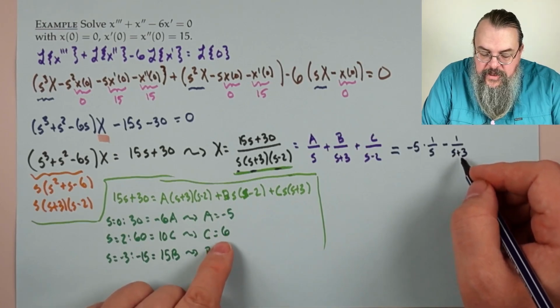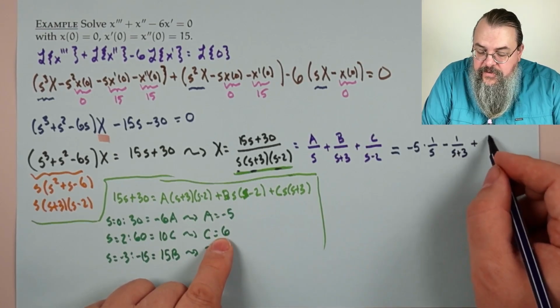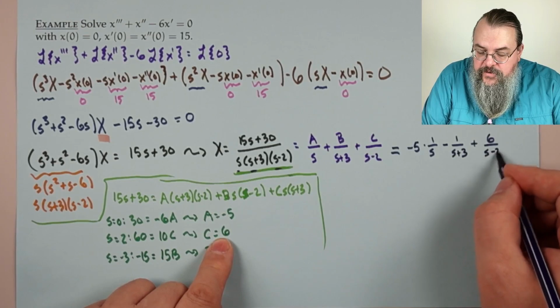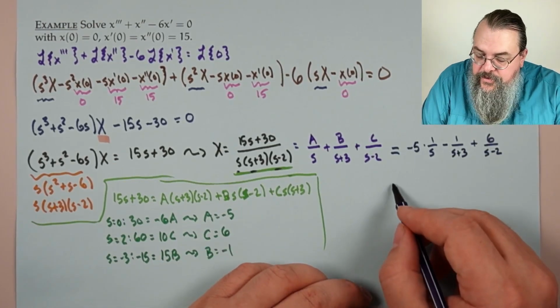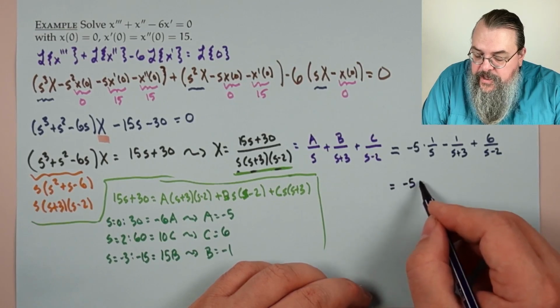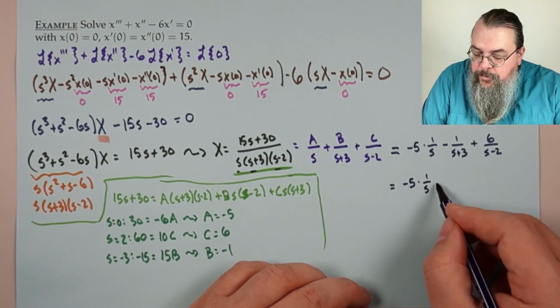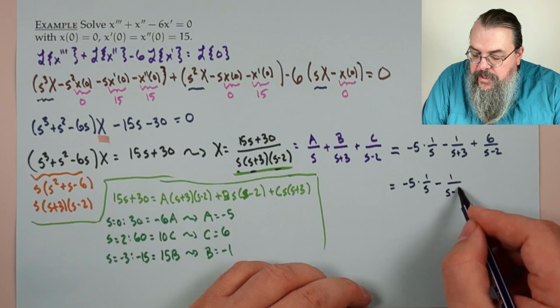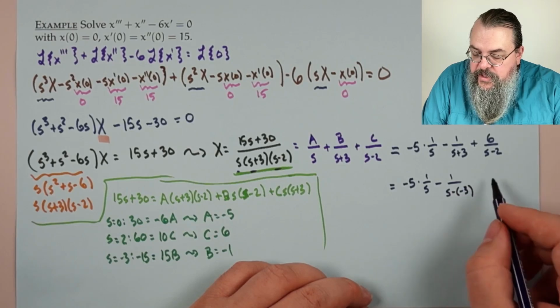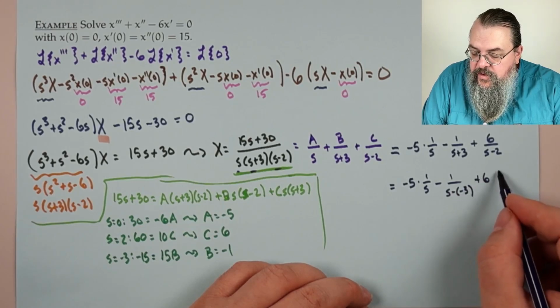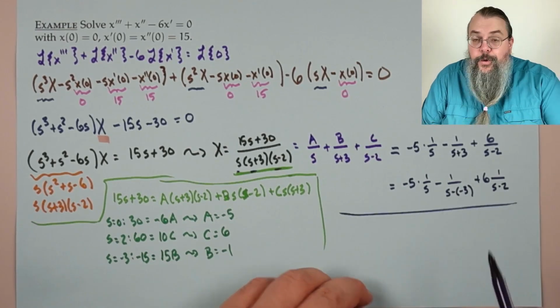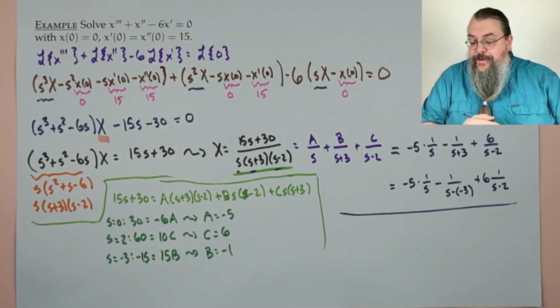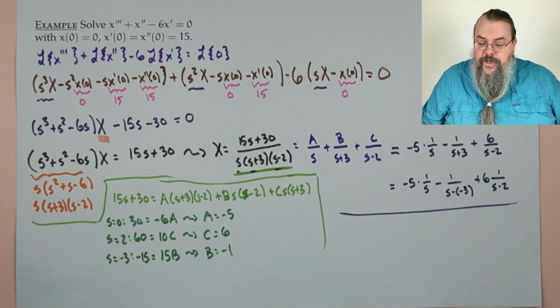And then c is 6, so I'll have 6 over s minus 2. I'm supposed to write the 6 in the front. All right, let's try that one more time. Negative 5, 1 over s, minus 1 over s minus 3, plus 6, 1 over s minus 2. And so that's very clean, very ready to take the inverse Laplace transform.